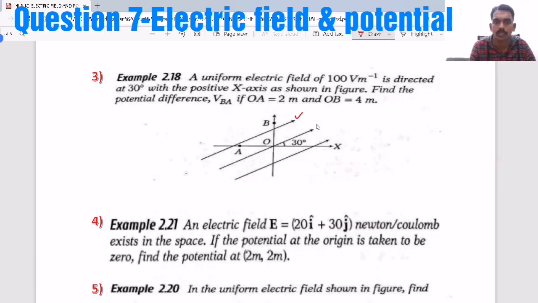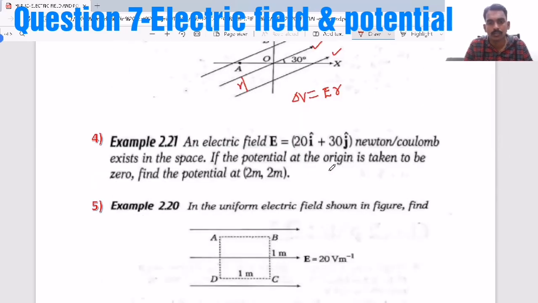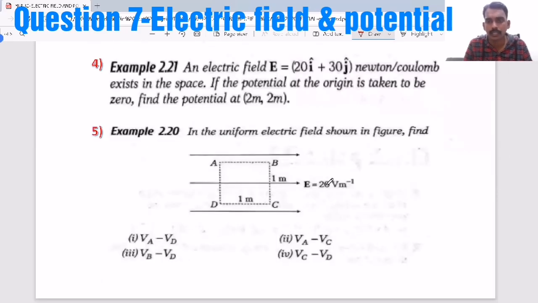This is one surface having one constant potential, this is another. If you draw one perpendicular line of distance r, then the potential difference delta V equals E into r. Based on this concept you can solve, but you need to apply a little mathematics also. So this way you try to find it.